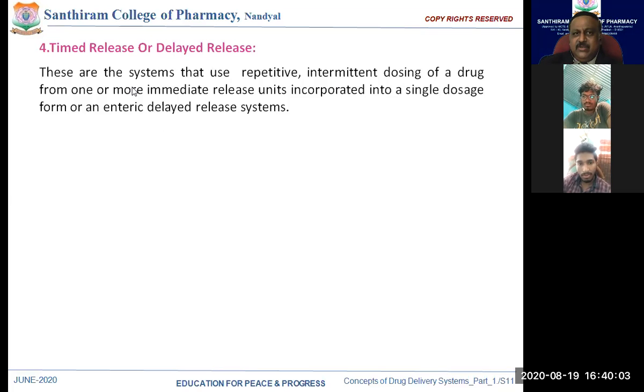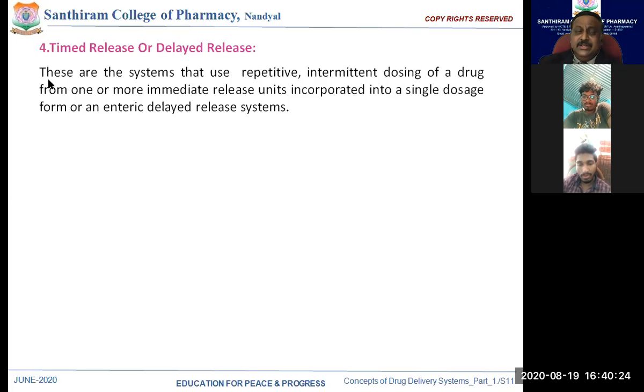Overall, in this type of dosage form, they have incorporated several single doses into one dose. Maybe 10 doses or 5 doses or 6 doses in one dosage form together.